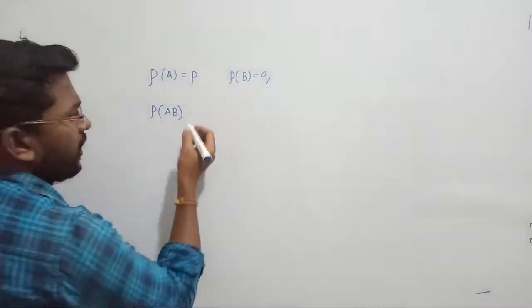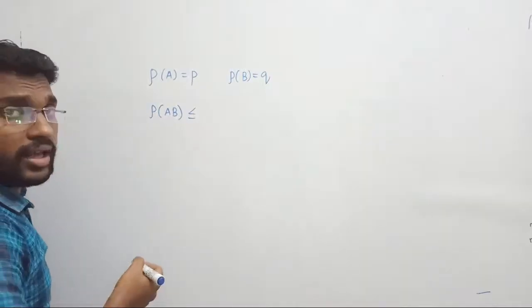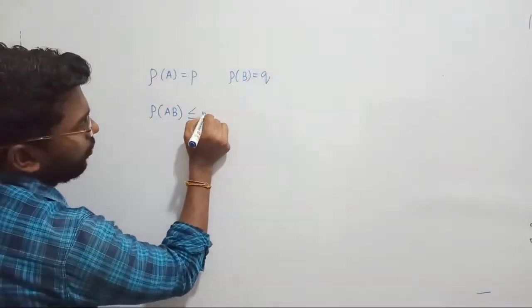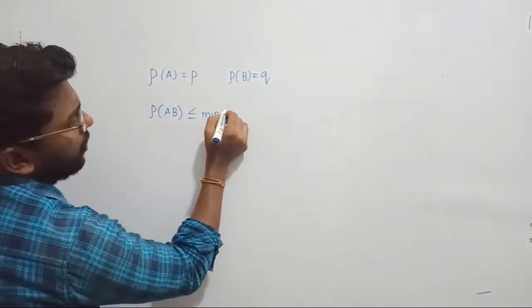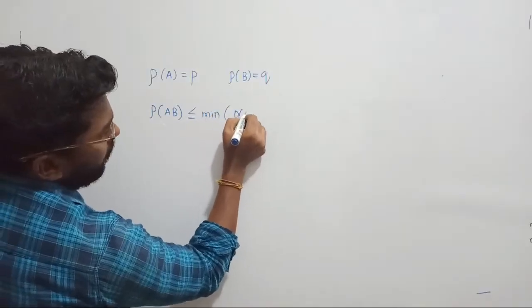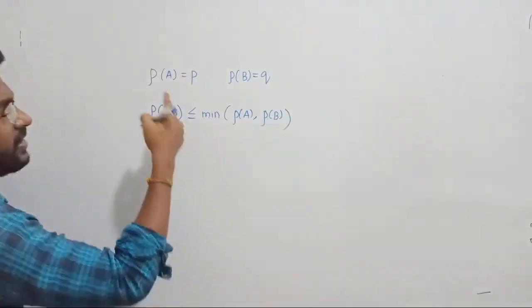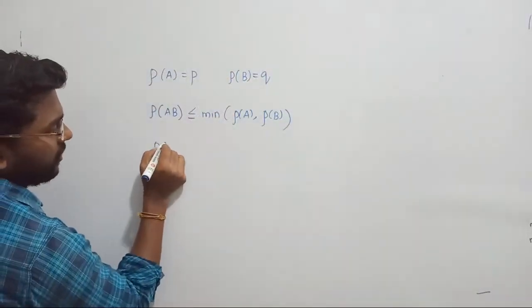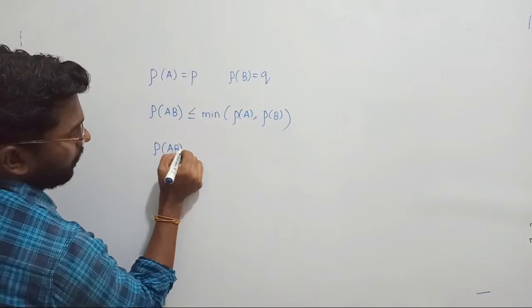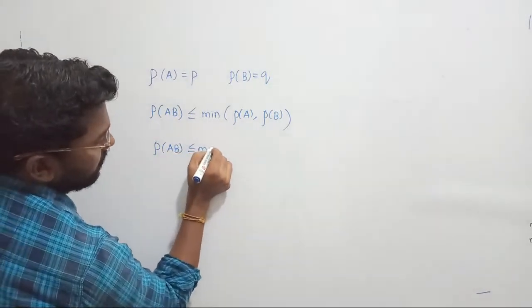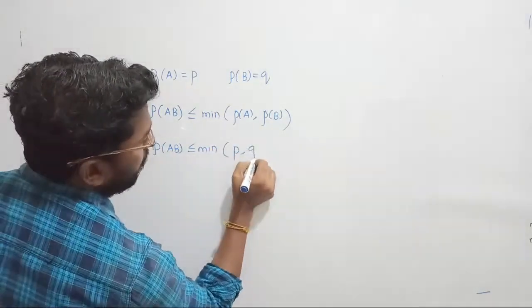That's very simple. You can directly write the answer as it should be less than or equal to, right? It has to be less than or equal to minimum value of, you can choose rank of A, comma, rank of B, right? Whereas rank A, rank B both are given such that rank of AB can be directly written as its answer is going to be P, comma, Q.